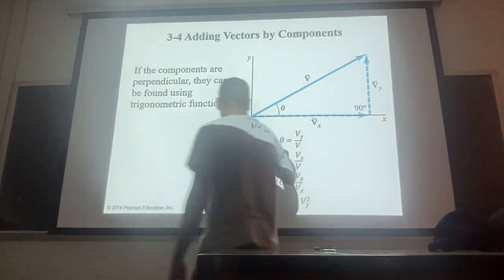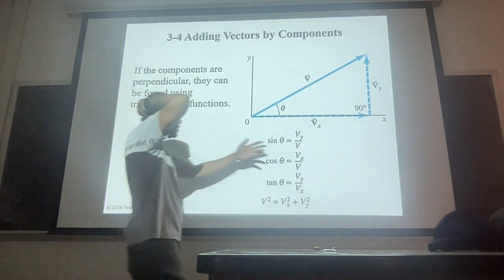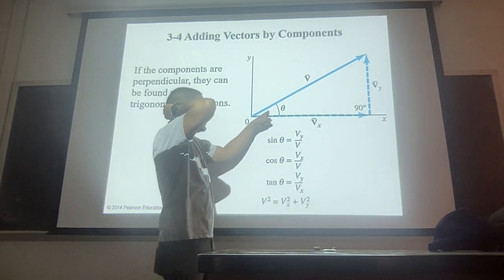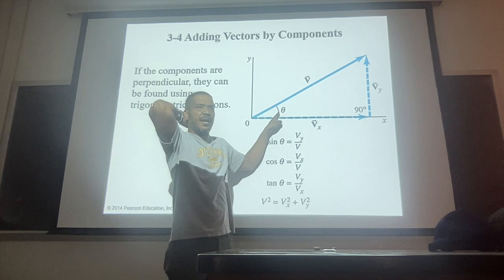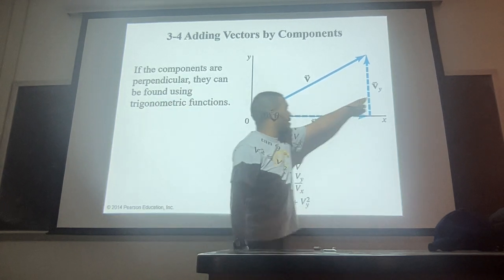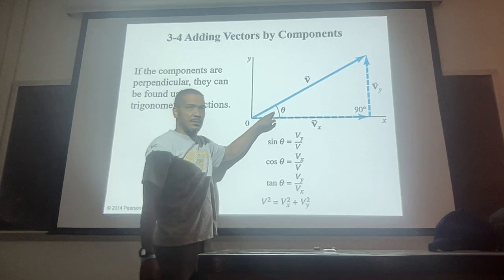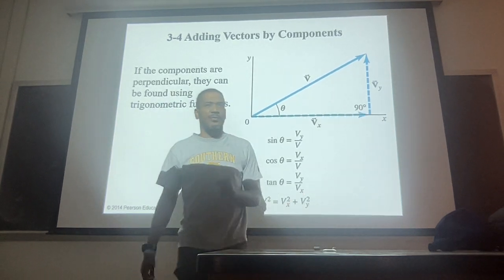So sine of theta, in this case, is my y component, right? Because my y component is opposite theta. This is the opposite side to theta. V sub y is the opposite side to the angle theta.